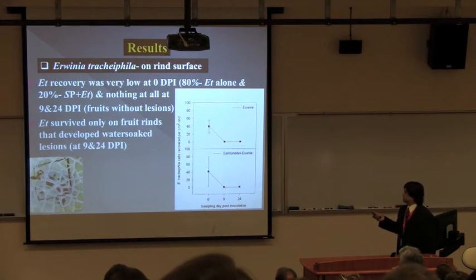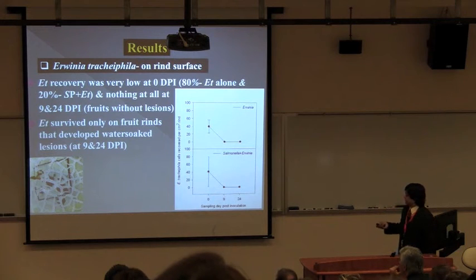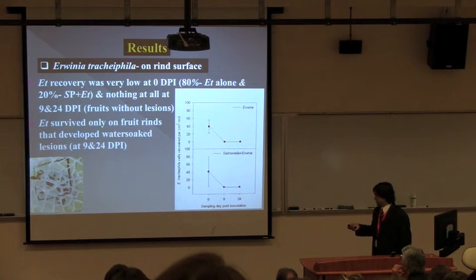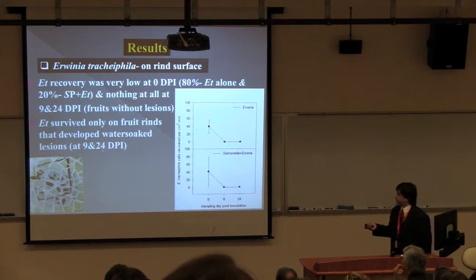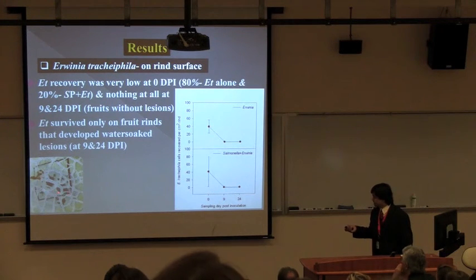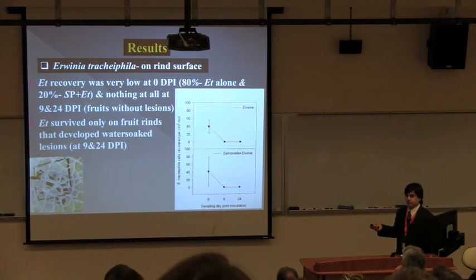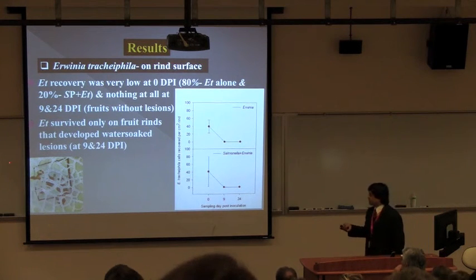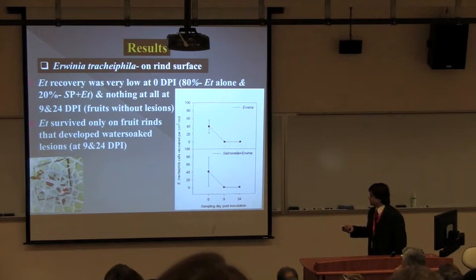And so what we see on the right are the lesions, sampled at 9 days and 24 days post inoculation. So here you can see the lesions here also. It seems like they have gone through these openings that I told you about, the lesions we have after cracking. So they might have gone through these lesions, so they are able to produce some water-soaked lesions underneath.